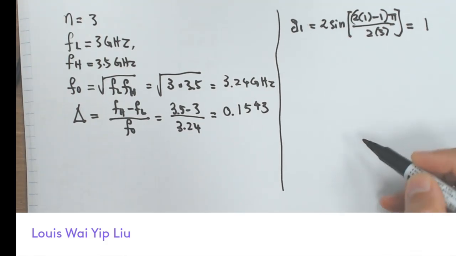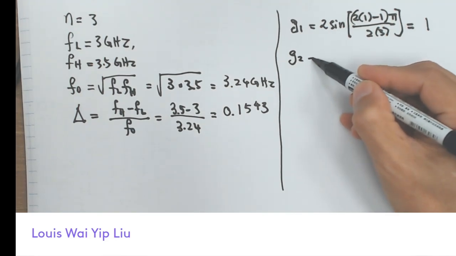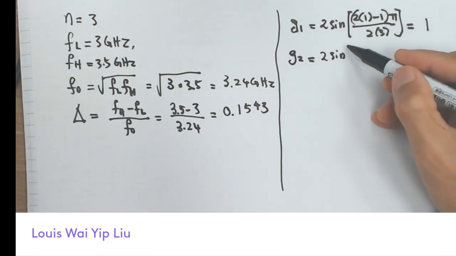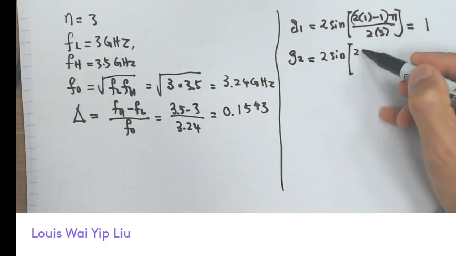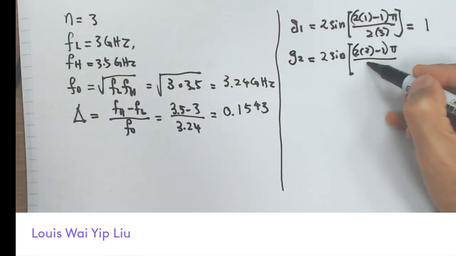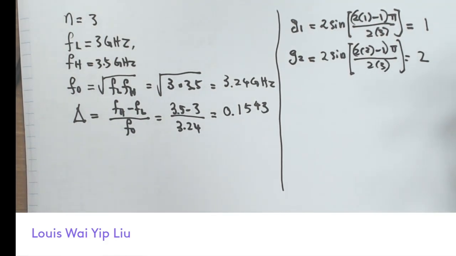And g2 is sine of (2·2 minus 1)π over 2n, and this will be 2.